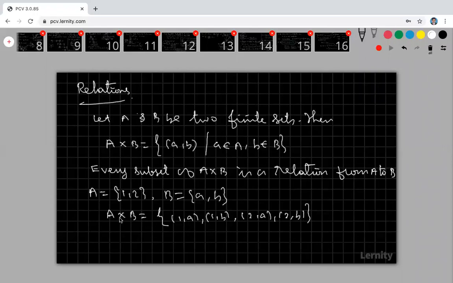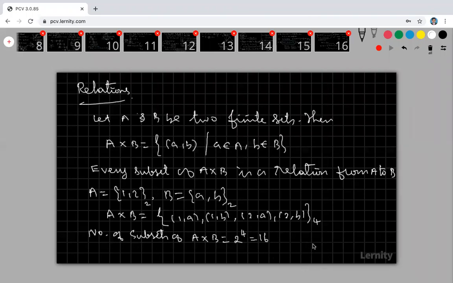How many elements are in this A cross B? 4 elements, because here n(A) is 2 and n(B) is 2, so totally 2 into 2, 4 elements. Now how many subsets does this A cross B have? In the last class we discussed the number of subsets. The number of subsets of A cross B is 2 power 4, therefore 16 subsets.